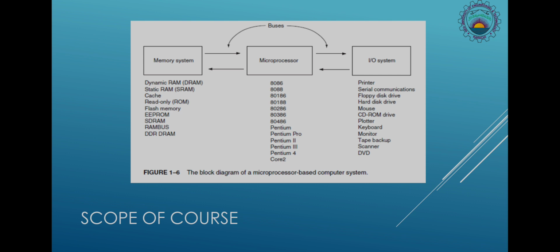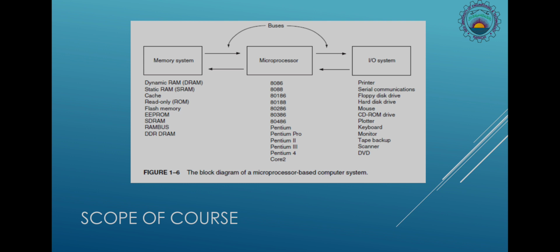Here you may see that different types of memories are listed. So you may have DRAM, SRAM, cache, read-only memories, flash memories, EPROMs, SDRAM, RAMBUS, DDR RAM.